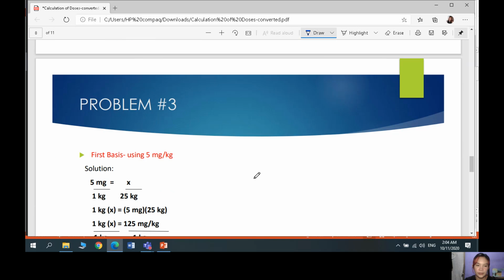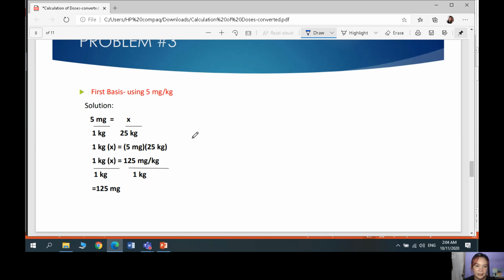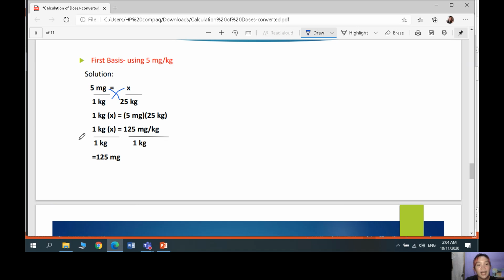And then we go to the solution of the first basis, which is again ratio and proportion and cross multiplication, and just substitute. 1 kilogram times x is equal to 5 milligram times 25 kilogram. And then divide both sides by 1 kilogram so that we could find the x.